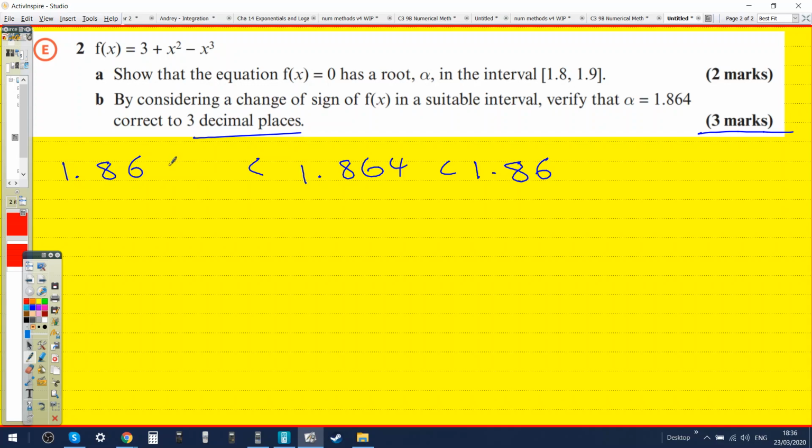So the lower bound is 1.8635, and then the upper bound is 1.8645. Yeah, and it's a bound, so it's not including that one.